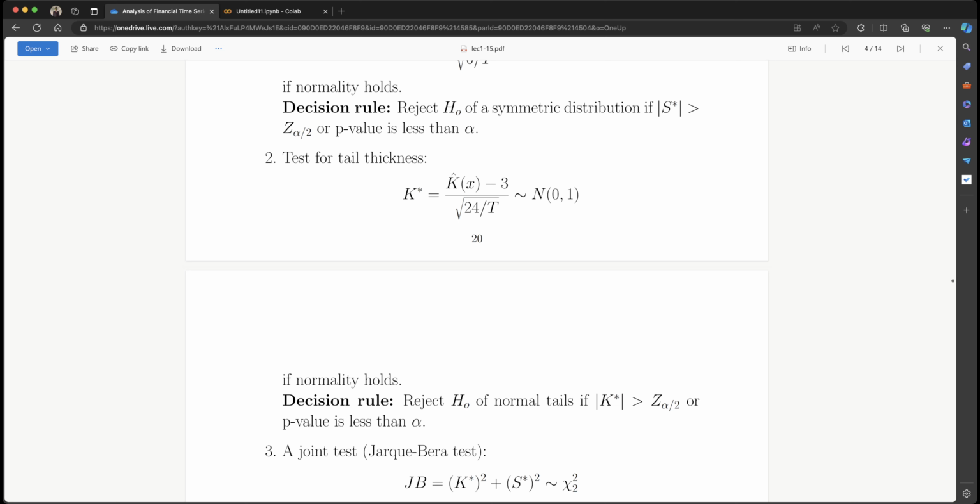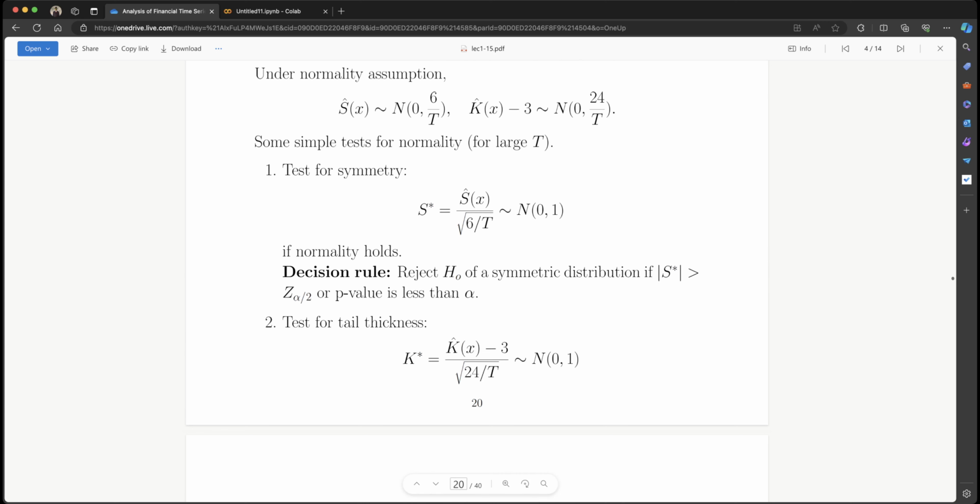If it is greater than 2 or less than minus 2, this is not likely to occur under normal distribution. It is a very rare event. This kind of rare event occurred, therefore the data is not likely from normal distribution, so we reject the null hypothesis that the data is from normal distribution.